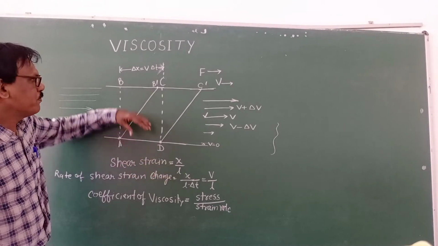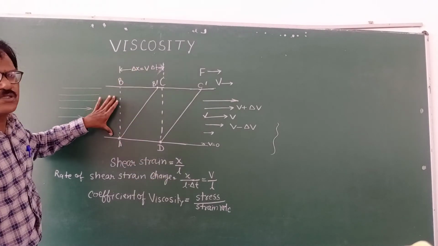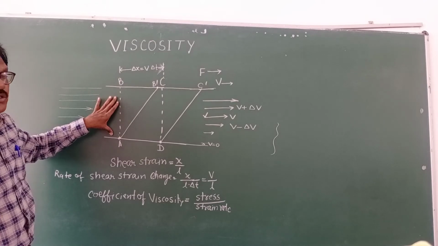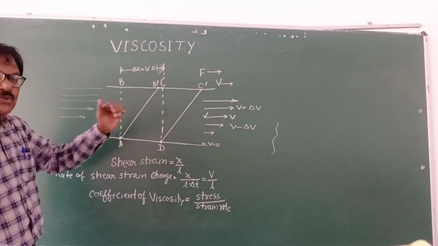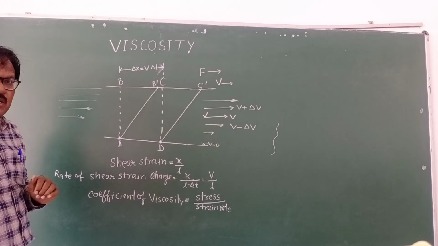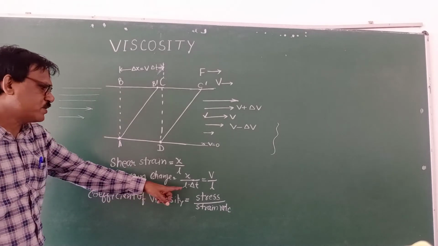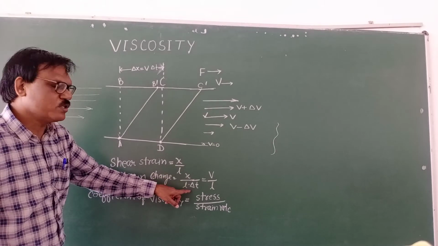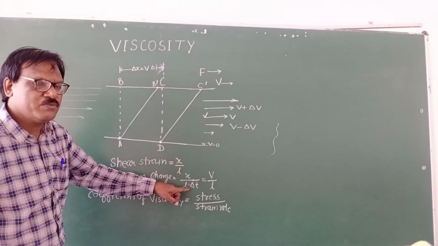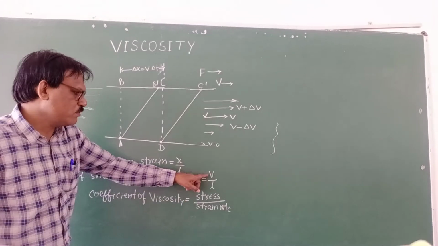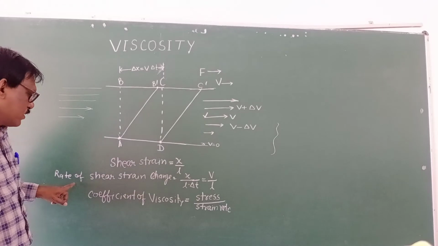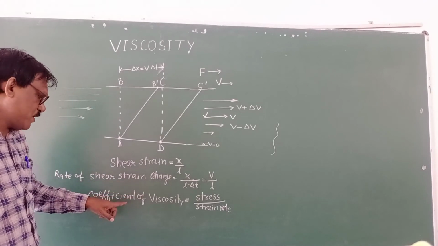X by L. This distance is X and this distance is L. And the rate of shear strain, whenever we say rate, divide by T. So X by L into delta T. Now this X by delta T will be velocity, so it will be v by L. This is called the rate of change of shear strain.